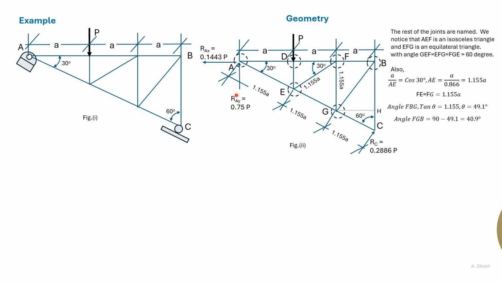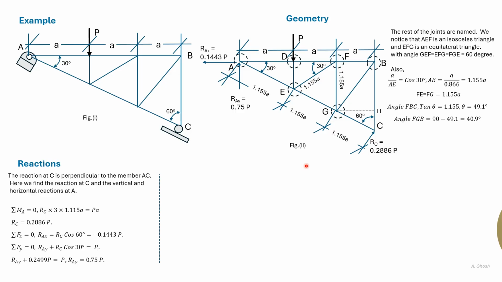Then we get RAY is equal to P minus RC cos 30. So that will give us RAY. And we also see that RAX is equal to RC cos 60, and this is the direction of RAX.